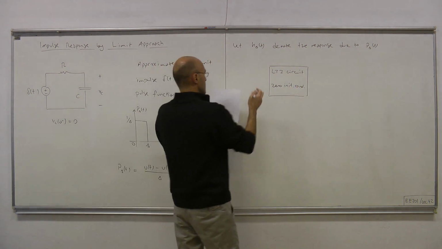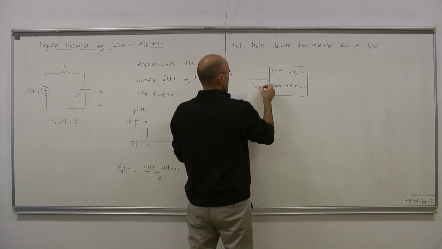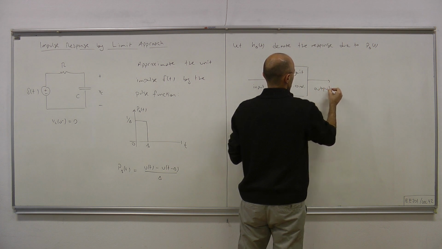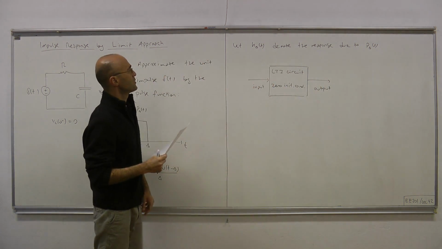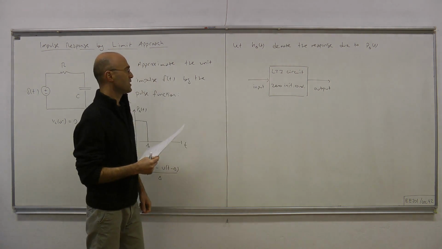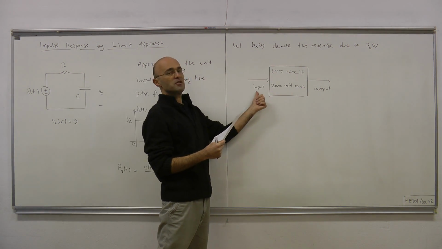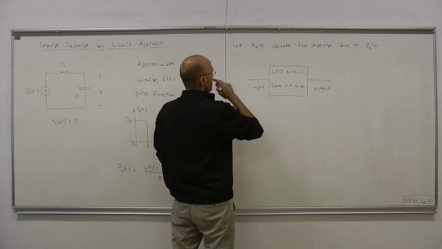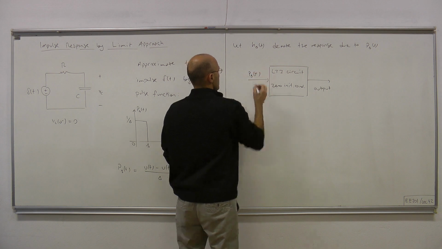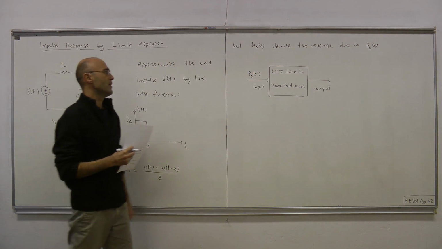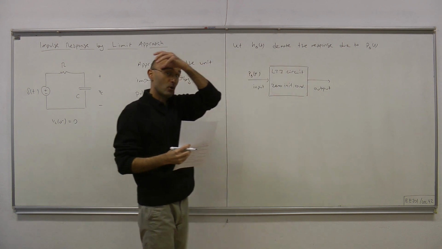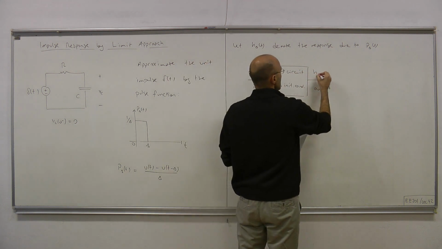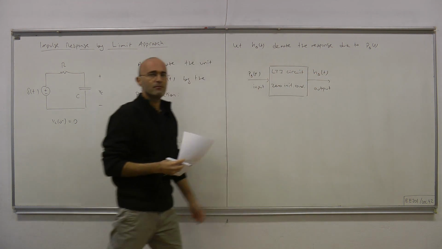This arrow indicates the input, and here we have the output. This notation means that for an LTI circuit with a single input and some output of interest, what you apply from the input is the pulse p_Δ(t), and what you get at the output we call the pulse response, and we define the pulse response with h_Δ(t).